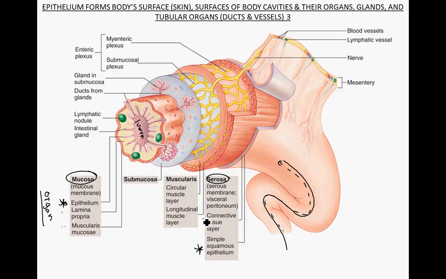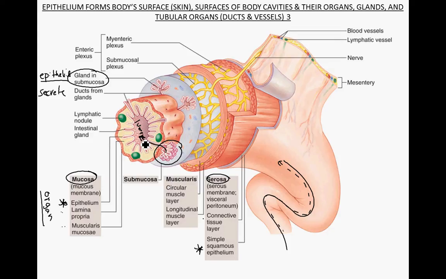One more thing we want to point out here is that in this submucosa below the mucosal layer, you also have glands, and glands are also epithelial in nature. They're derived from epithelial tissue, and the glands will secrete substances. In this case, here we see another gland right here, this gland is going to secrete directly into the lumen there via this little duct.